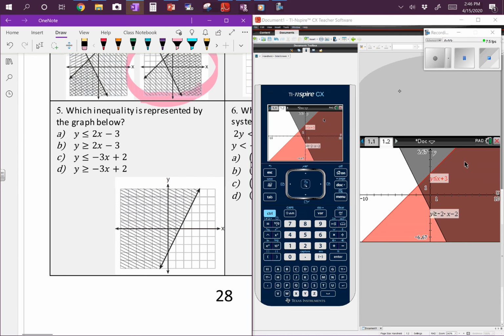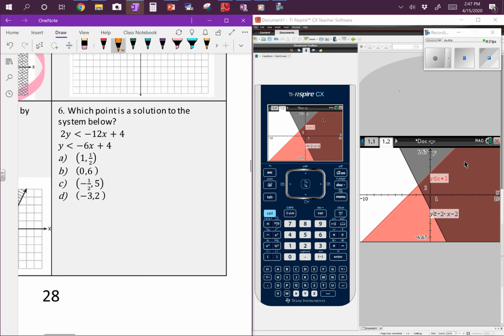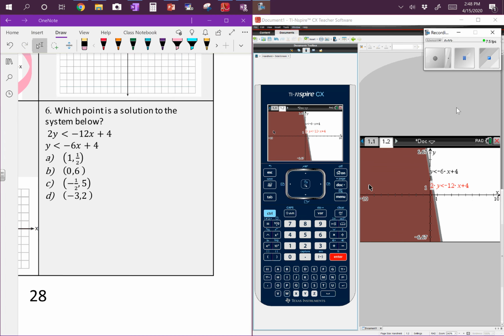And for this last one, I am seeing that they're shading above, so I can automatically get rid of this guy and this guy. The slope, we are going up, so it's going to be a positive slope, so be it. And then we've got 6. Okay, and if we type those two into the graph, we get this very ugly looking thing.